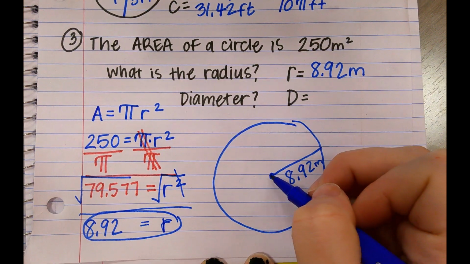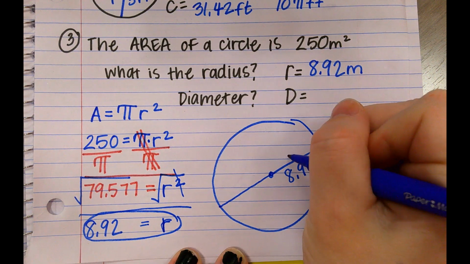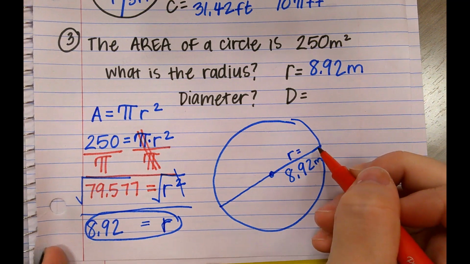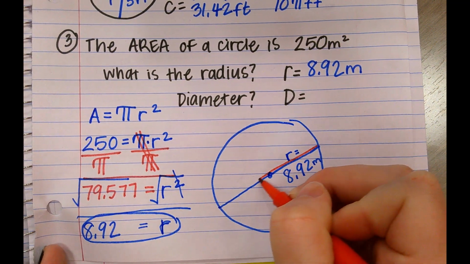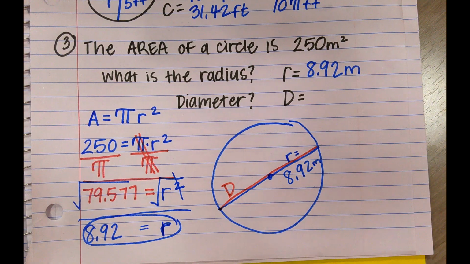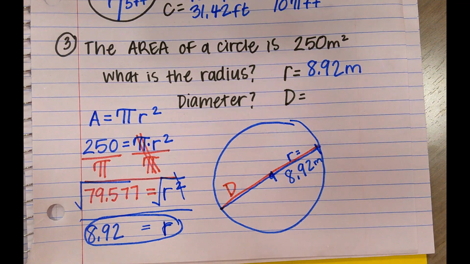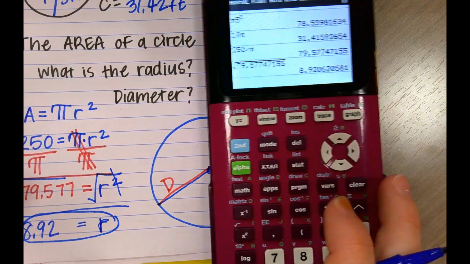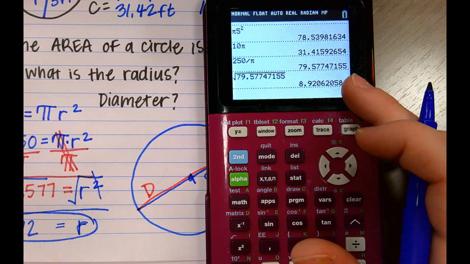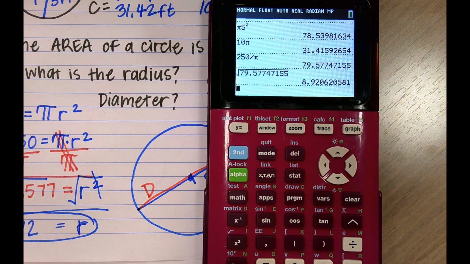So I'm going to write here, that was my radius. And then in a different color, diameter, it's just 8.92 times 2. And because we already have all these decimals on the calculator, to get a more exact answer, don't type 8.92 all over again.